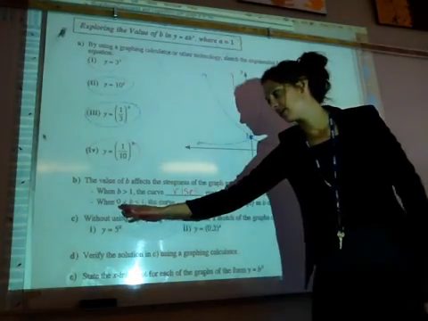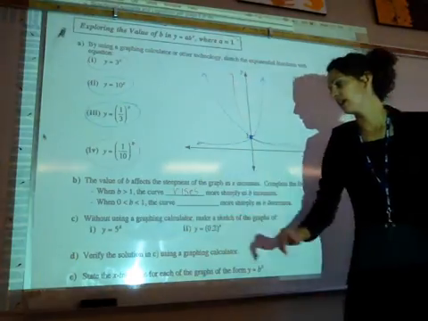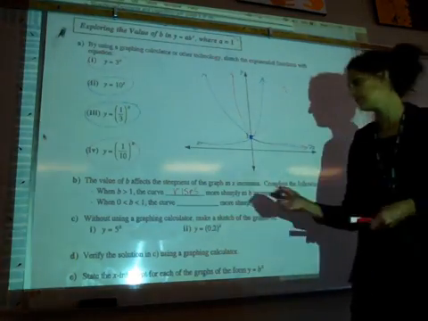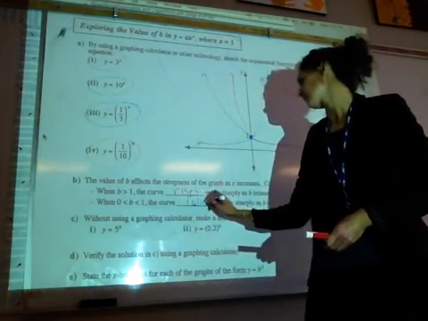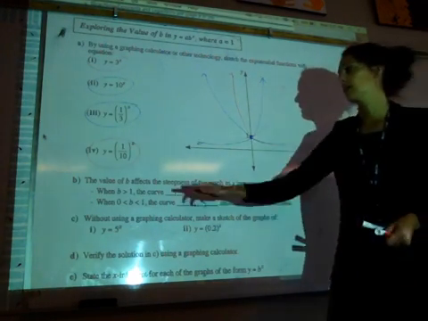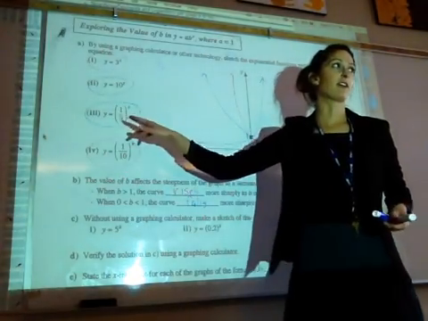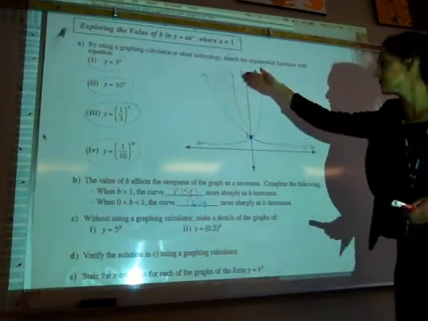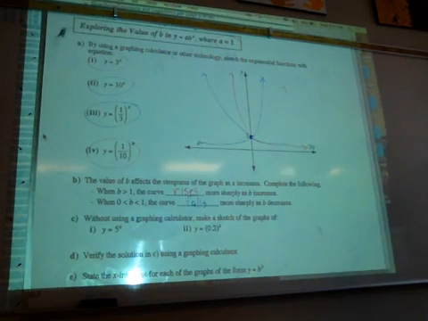When we have a value of B between 0 and 1, the curve falls more sharply as B decreases. So 1/10 is a smaller number than 1/3. It's going to decrease more sharply than the 1/3.